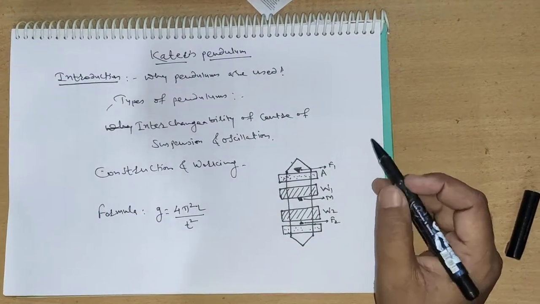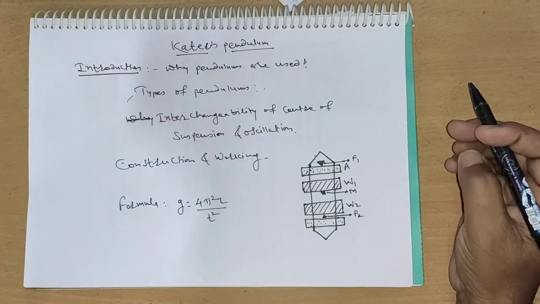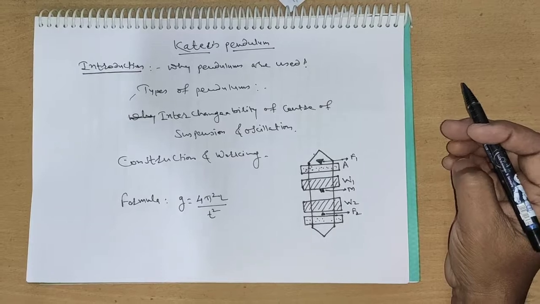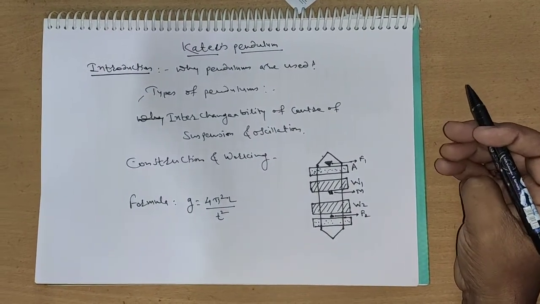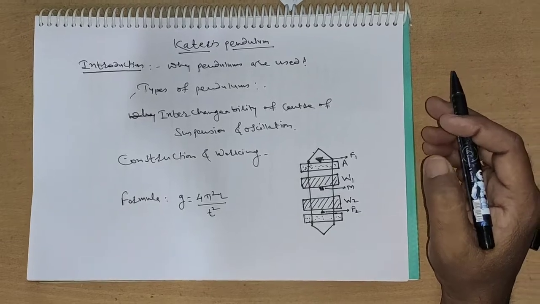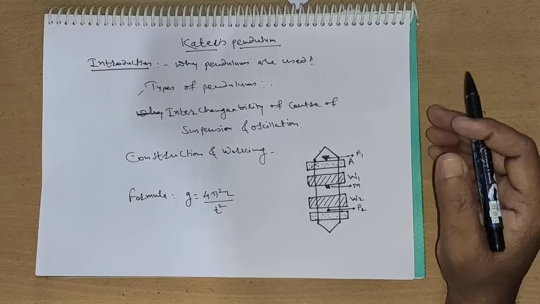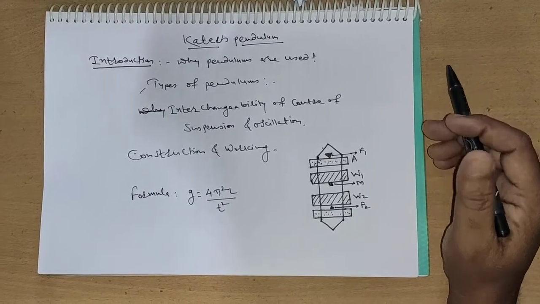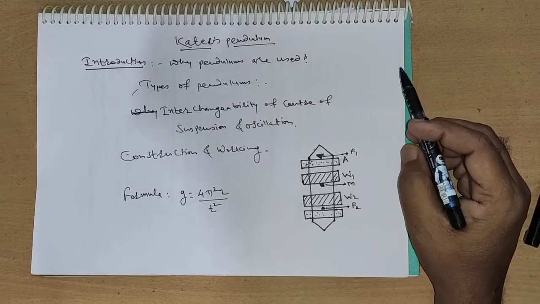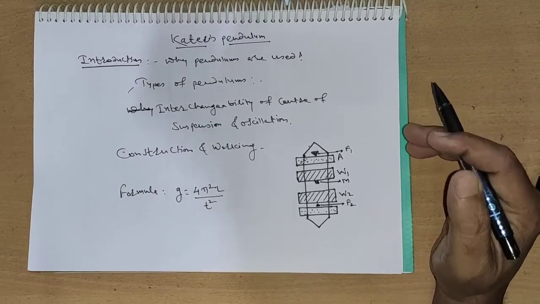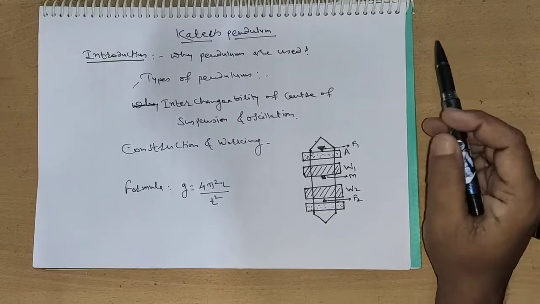Now, there are pendulums: the simple pendulum, then the bar pendulum, then Kater's pendulum, Borda's pendulum, and so on. But here we have to see what the drawbacks are in the previously studied pendulums.